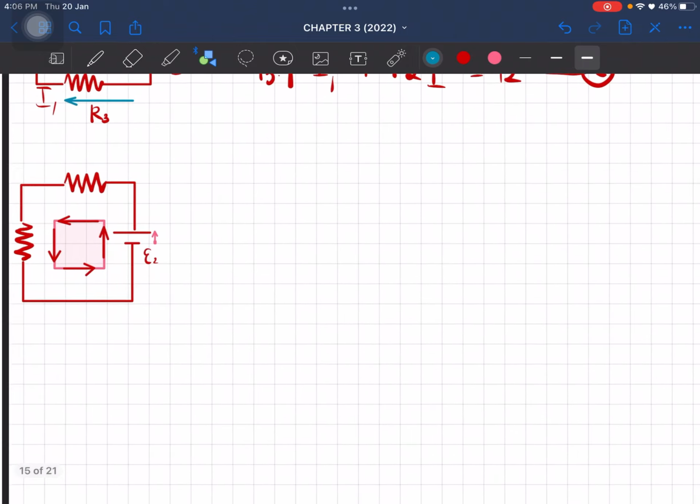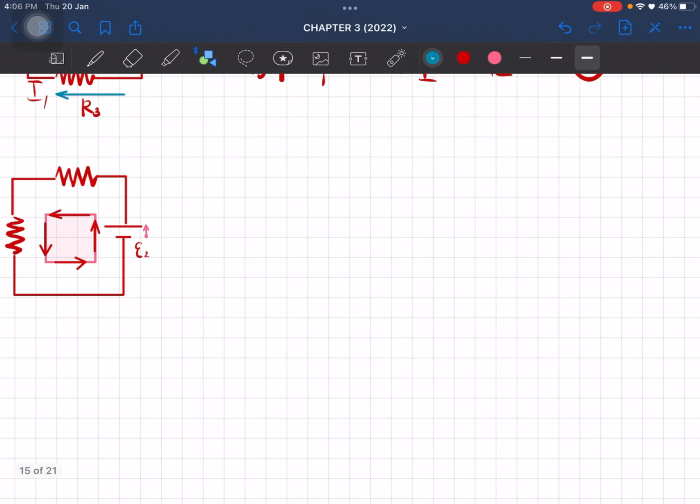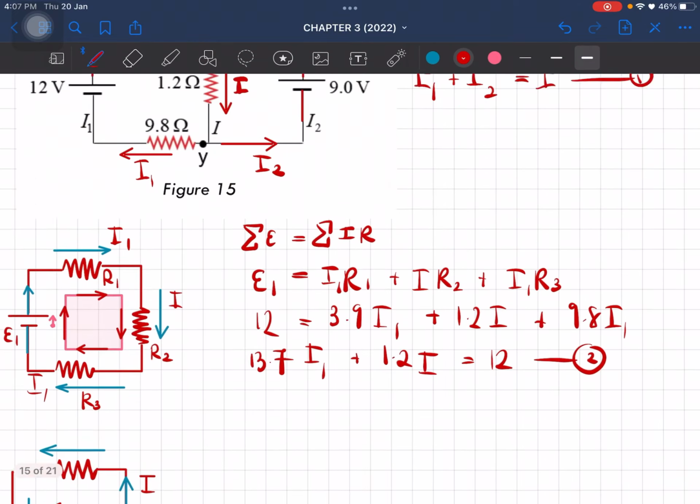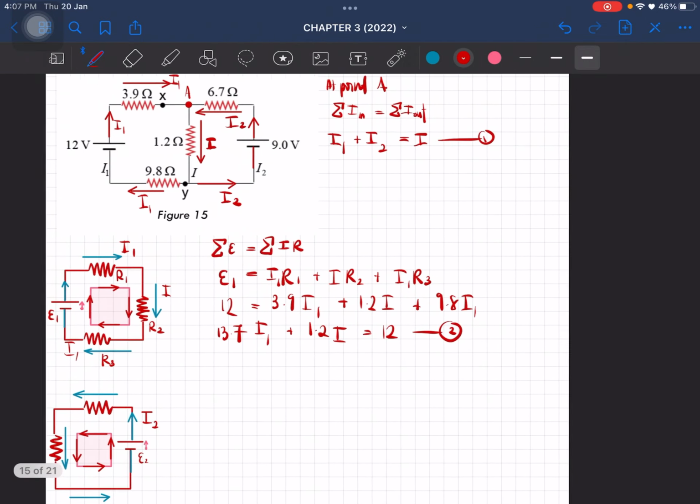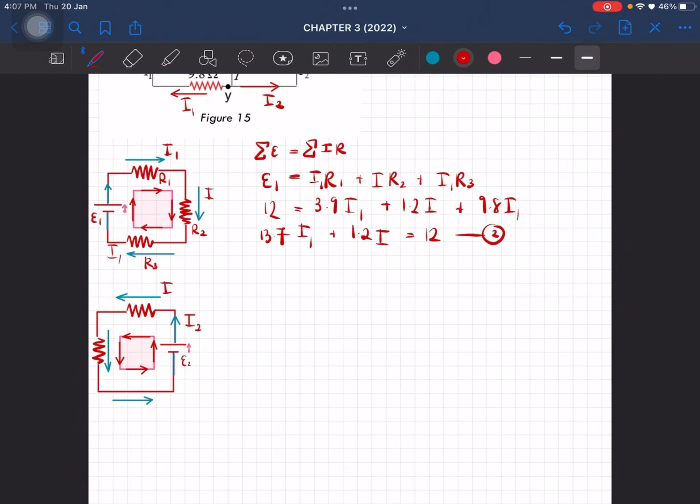Okay, now we draw the current. So current is from positive to negative. It goes from here, and then it goes here, then it goes down here, then goes there. Okay, so this is our current I2, and this is also I2.